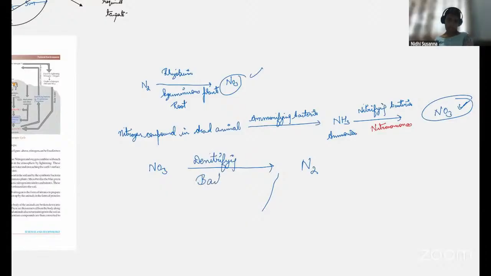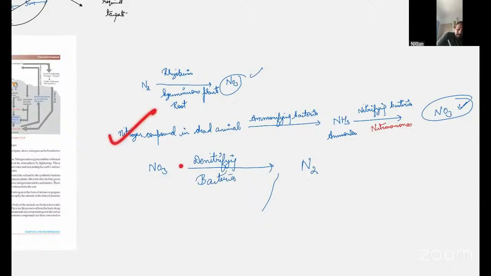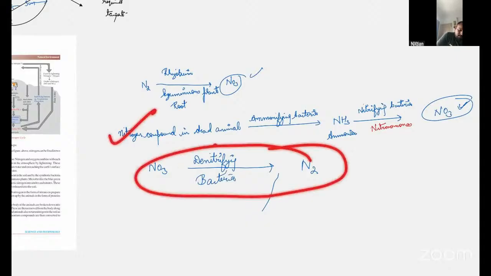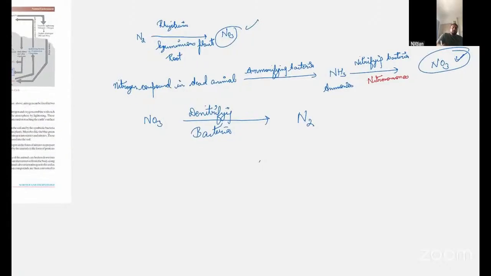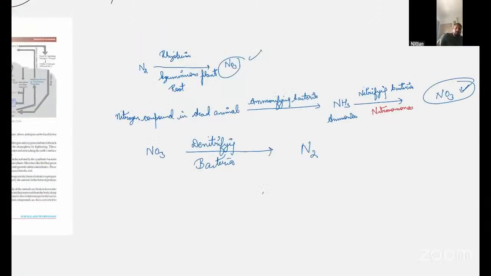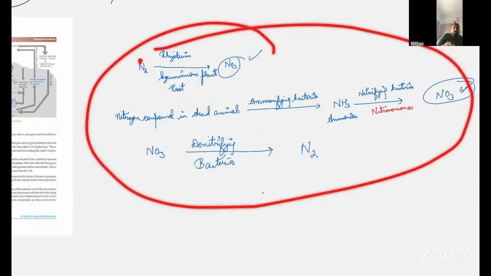But there are some bacteria like Pseudomonas that are called denitrifying bacteria because they convert the nitrates into N2 again. Very bad bacteria. Write it down. These are the important things. You can write it down in your copy so that you can easily learn.